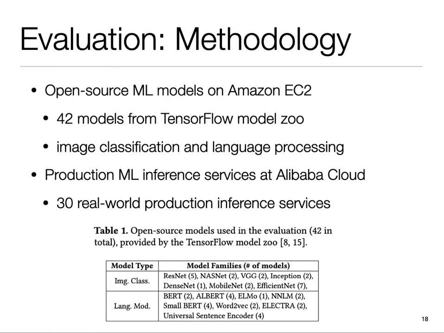For evaluation, we evaluate Morphling on an Amazon EC2 cluster with 42 popular open-source models provided by the TensorFlow Model Zoo, including image classification and language processing models. Morphling has also been deployed in the Alibaba production cluster as the default auto-configuration service for efficient inference serving at scale, and we also evaluate Morphling with 30 real-world production inference services.